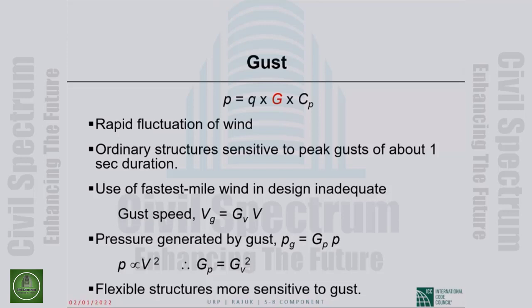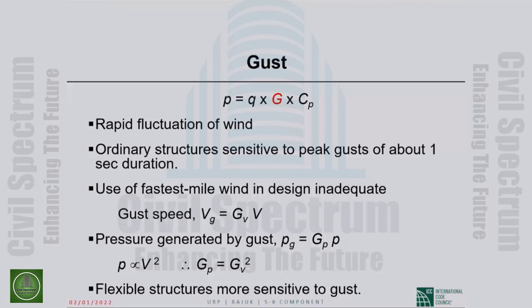Flexible structures are more sensitive, rigid structures are less sensitive. Use of fastest mile wind in design is inadequate. So before we switched to 3-second gust speed in ASCE 7-98, the design basis in the United States was fastest mile wind speed.